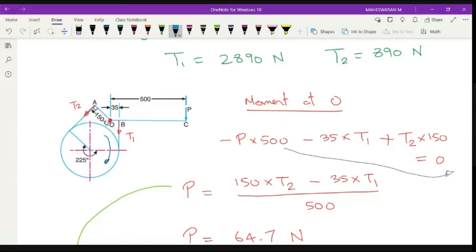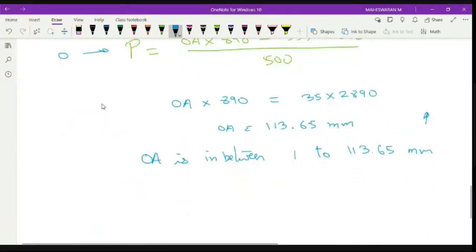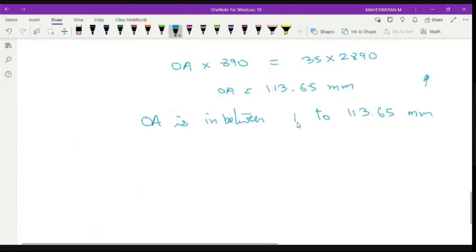There is no proper distance, so there won't be any self-locking. That is why I am putting 1 here, or I can also put 0.1. It is up to you. This is the range where your OA should be for self-locking. But according to the question, I can write that the minimum distance is 113.65 mm. Any doubt on this?